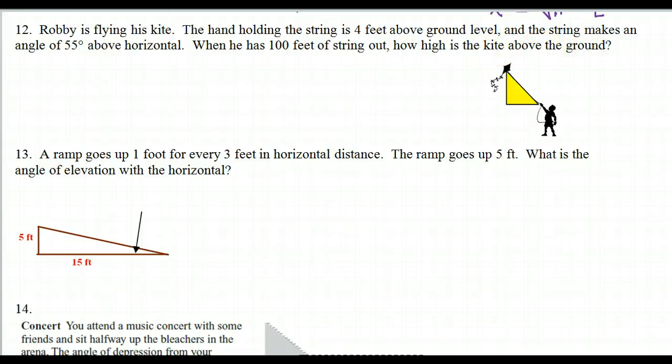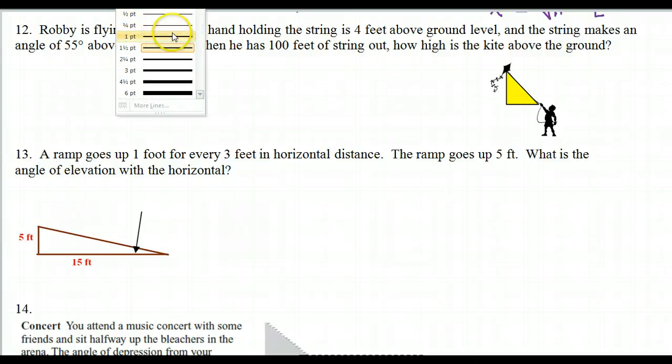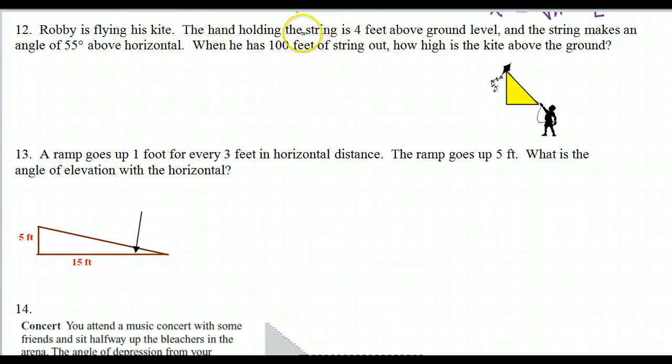Okay, I just threw a triangle on here real quick. Obviously, this drawing is not to scale. His hand is 4 feet above the ground, so just keep in mind that this distance right here is 4 feet. 55 degrees above the horizontal, so this is 55 degrees right there.